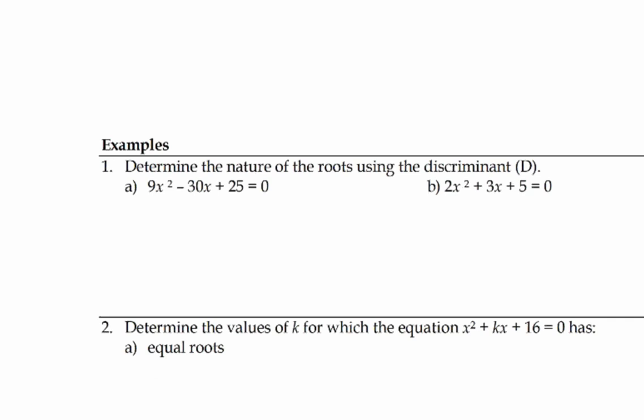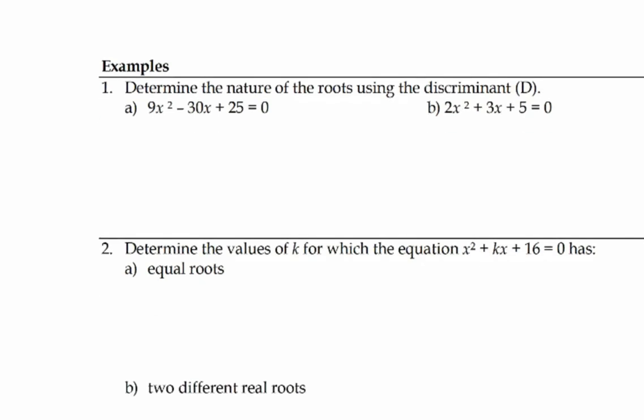Okay, so if a question is asking, determine the nature of the roots, what you really need to do is find the discriminant and tell me if there's 0, 1, or 2 x-intercepts. So instead of doing the whole quadratic formula, all we need to do is figure out what is the radicand. What is b squared minus 4ac? If I know what that is, then I don't need to solve the whole quadratic formula. I could tell you if there's 0, 1, or 2 x-intercepts.